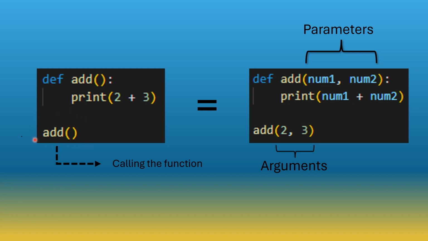You just call the function by typing the name of the function. And this does whatever the body does. So our body says we're going to print 2 plus 3. So by calling, we're going to print 5. 2 plus 3 is 5.